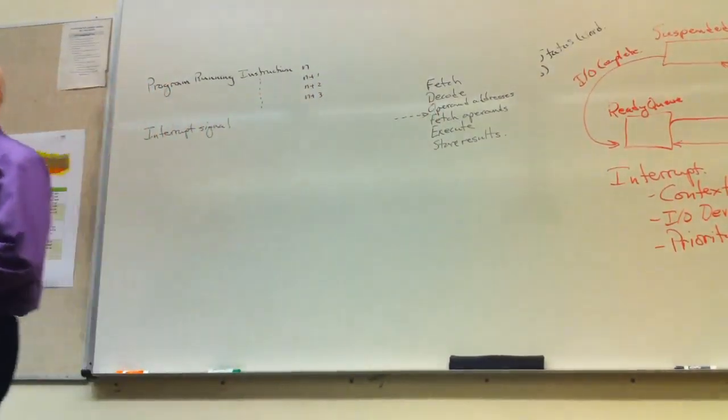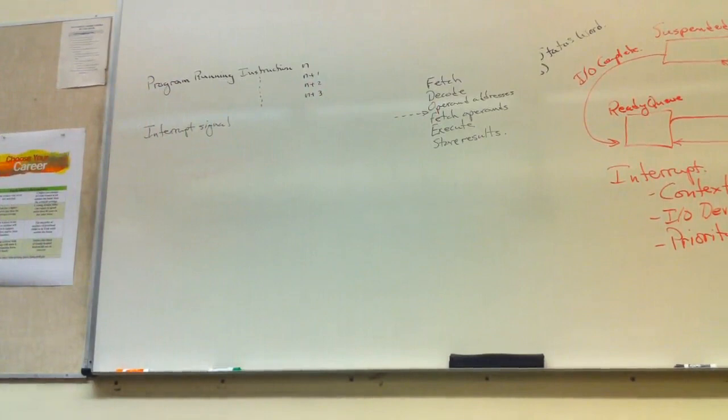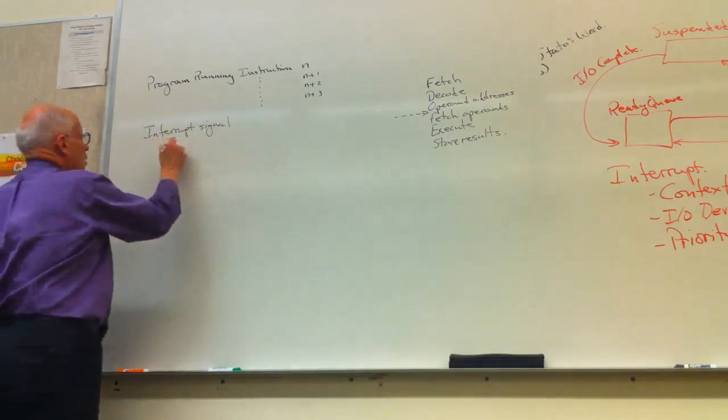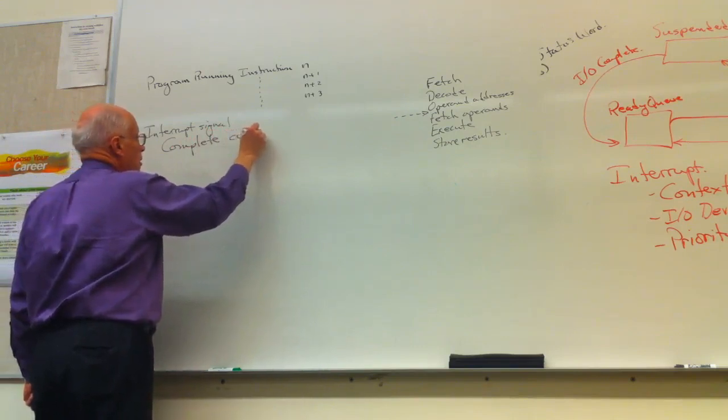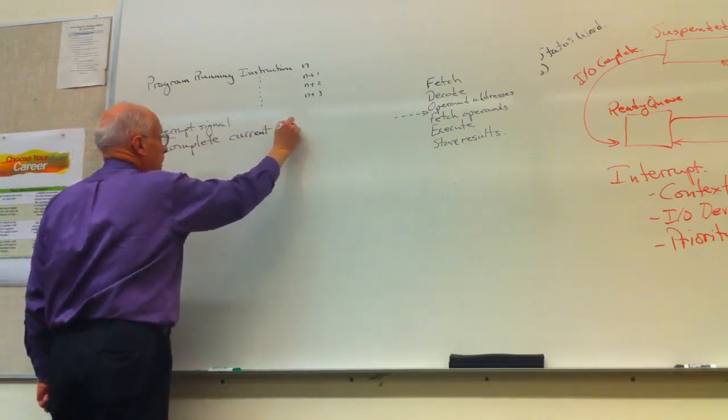Let's say, for example, well, the systems are all set up so that if that signal comes partway through the execution of a machine instruction, you will actually, first of all, complete the current instruction.